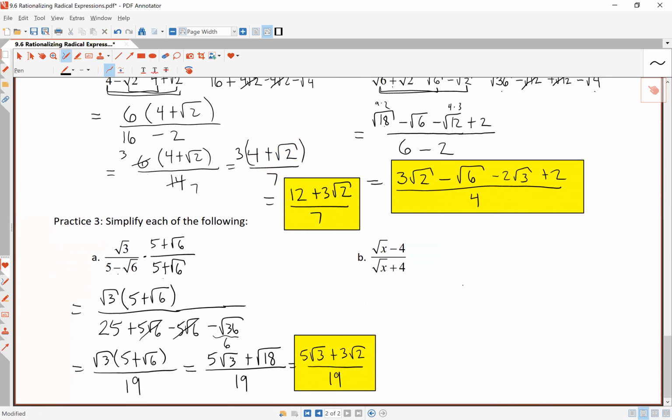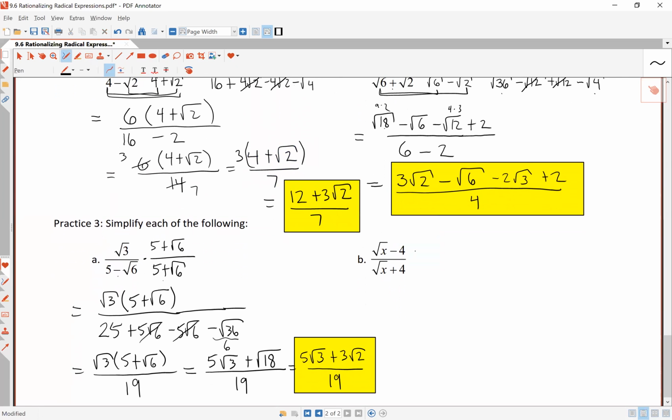Practice 3b. The denominator is square root of x plus 4, so we'll multiply by a radical expression, square root of x minus 4. I'm going to do the bottom first.